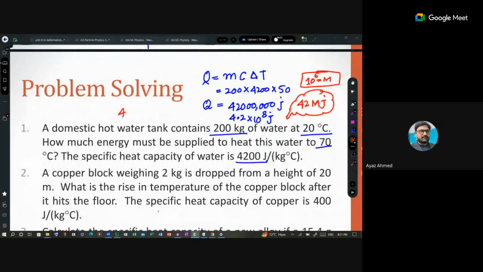I have written it this way: 420000000. So I have shifted the decimal 1, 2, 3, 4, 5, 6 places. So it would become 420 into 10 power 6. So 10 power 6 is mega, and so I have written 420 megajoules. Is it clear?